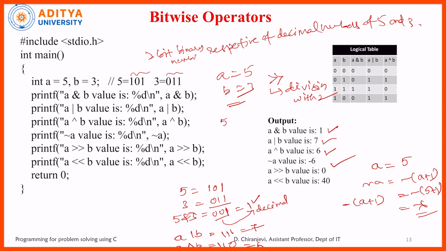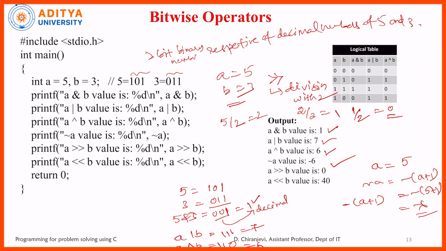So 5 by 2 the first time you will get 2, 2 by 2 the second time you will get 1, 1 by 2 you get 0. So the result is 0, that is the reason A right shift B is 0.